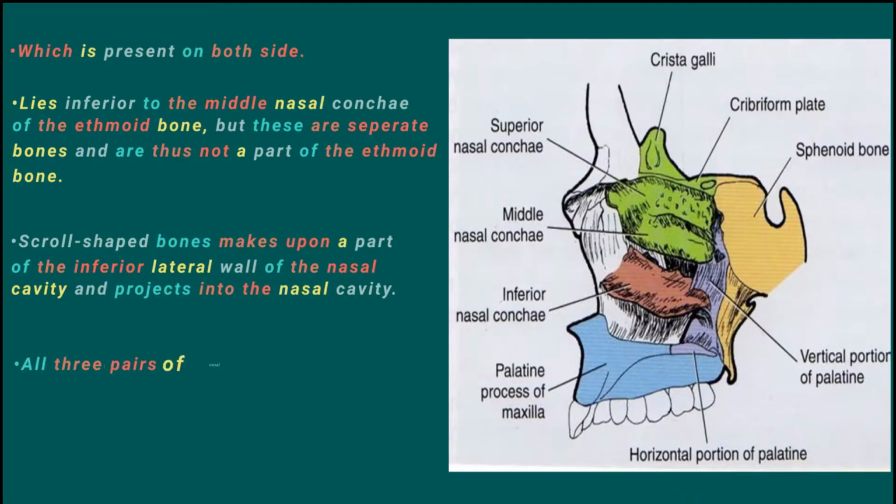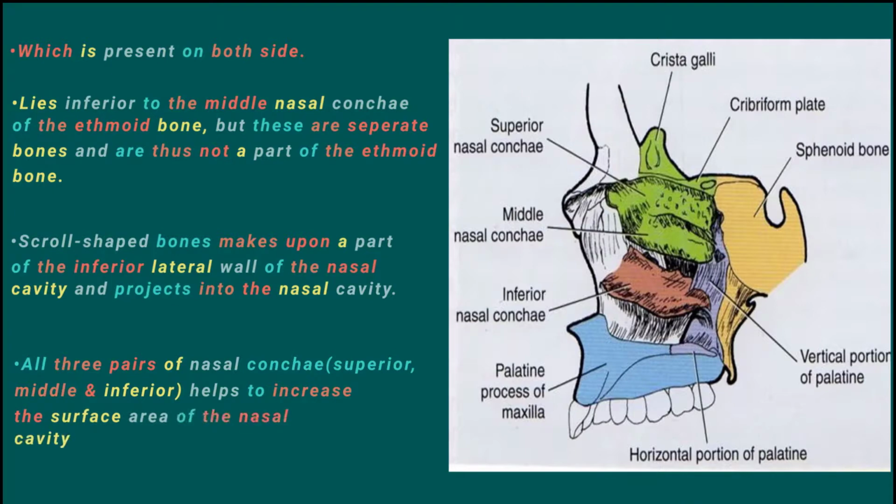All three pairs of the nasal conchae, that is superior, middle and inferior, help to increase the surface area of the nasal cavity and facilitate filtering of the air prior to its entrance into the lungs.